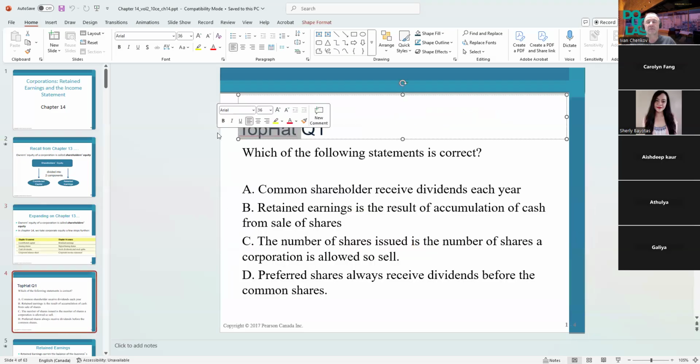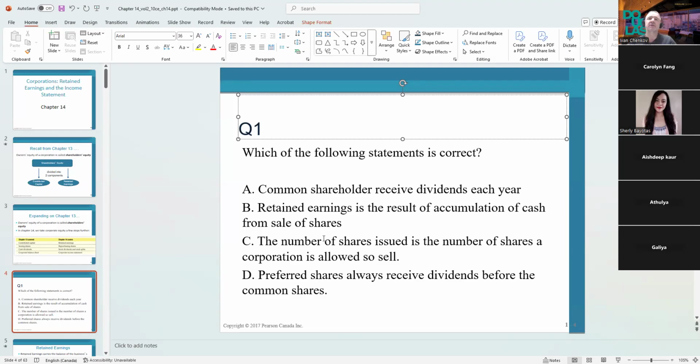Let's go with the first question today. Which of the following statements do you think is correct? Let's go one by one.